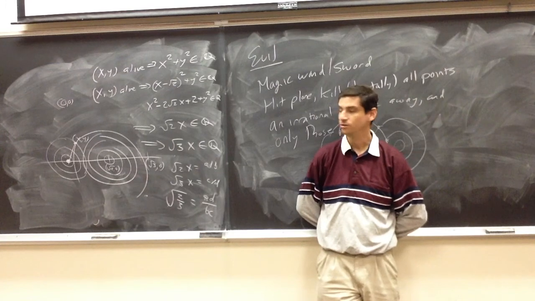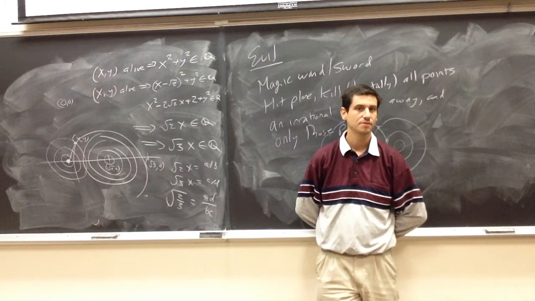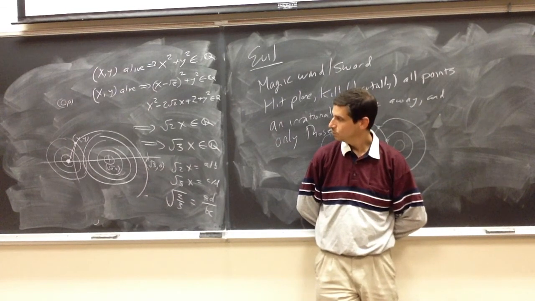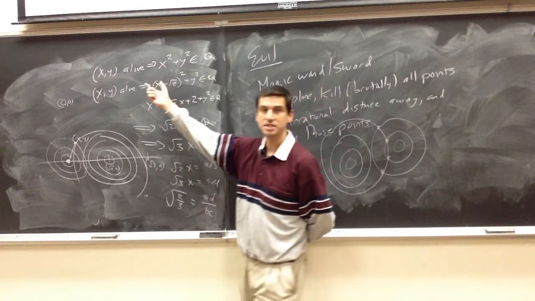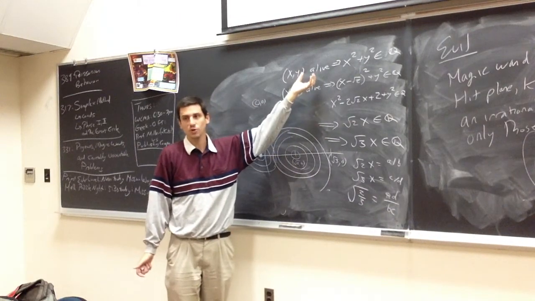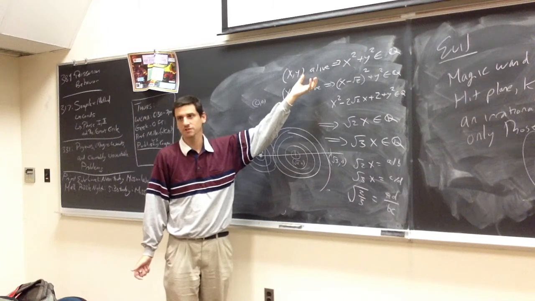Do we care at all about the y? Well, I think since they're circles, the y-coordinates are covered. I don't think we care about them. We don't care about them because if I have a point that's alive, it's got to have some x-coordinate and some y-coordinate to be alive, right?